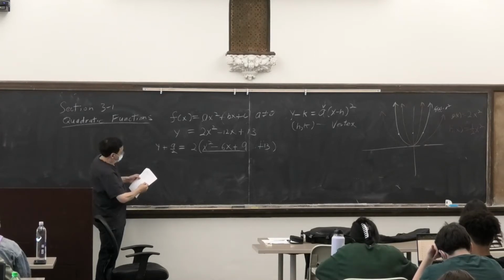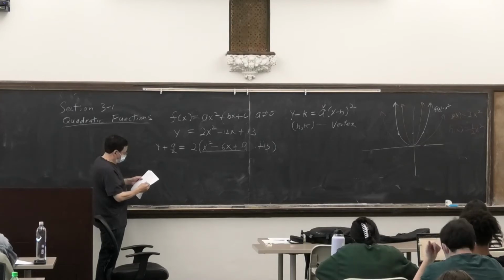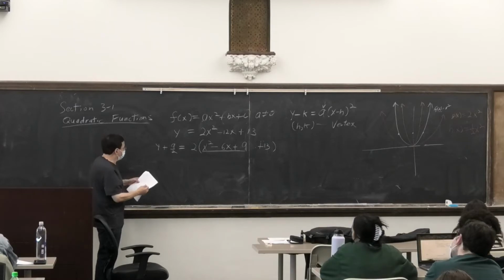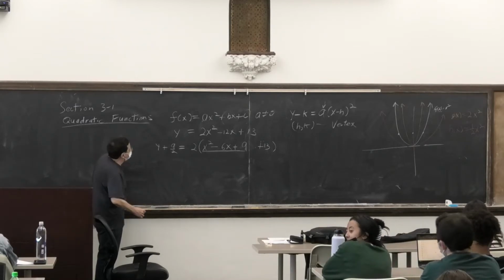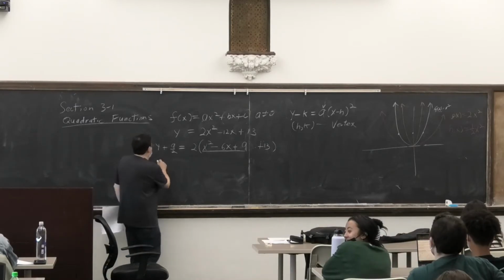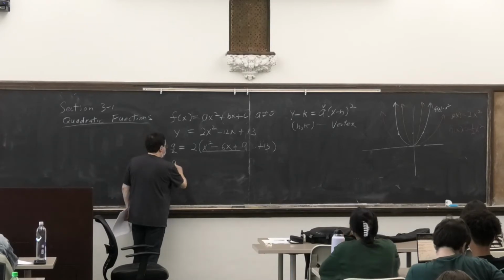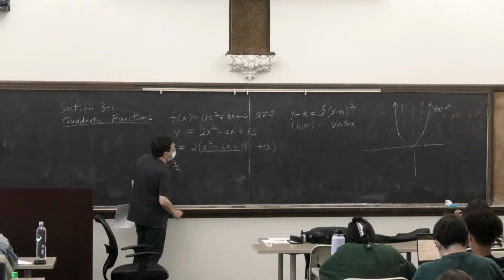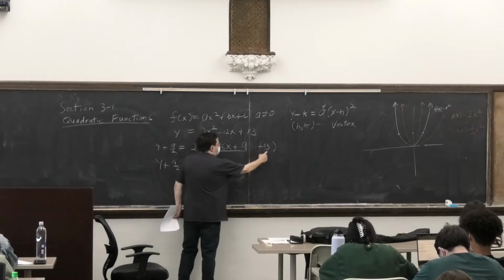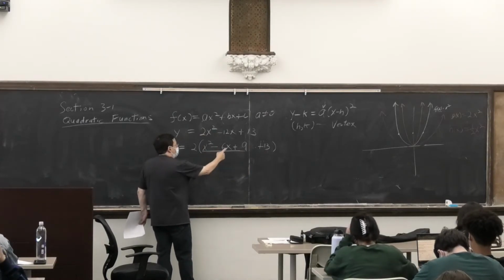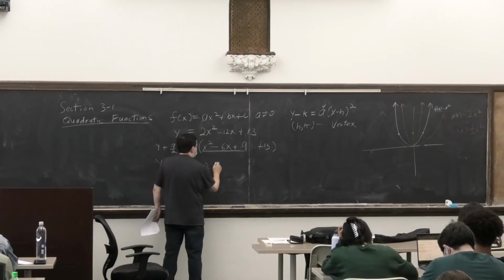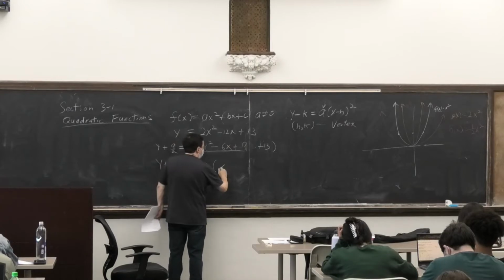Oh, that's the problem. It's coming out different from my notes. I made a mistake on my notes. Okay, so we have y plus 9 over 2. This is really 13 over 2, right? So I'm going to bring that over. And now I have my perfect square.